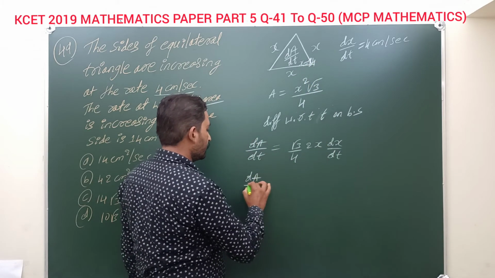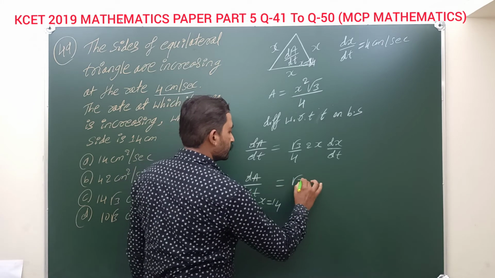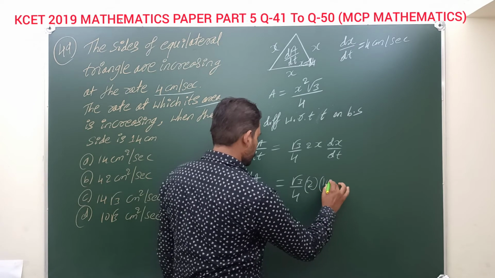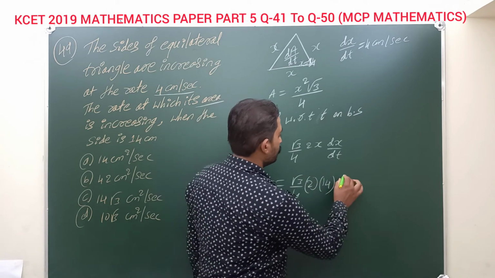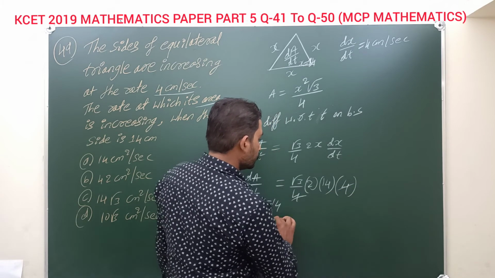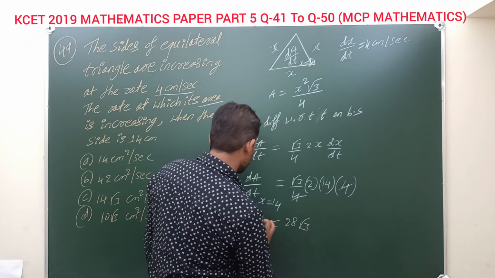So dA by dt at x equal to 14 becomes root 3 by 4 into 2 into 14 into dx by dt, which is 4. Here the 4 gets cancelled, 2 times 14 is 28. Root 3 times 28 is the answer of this question.